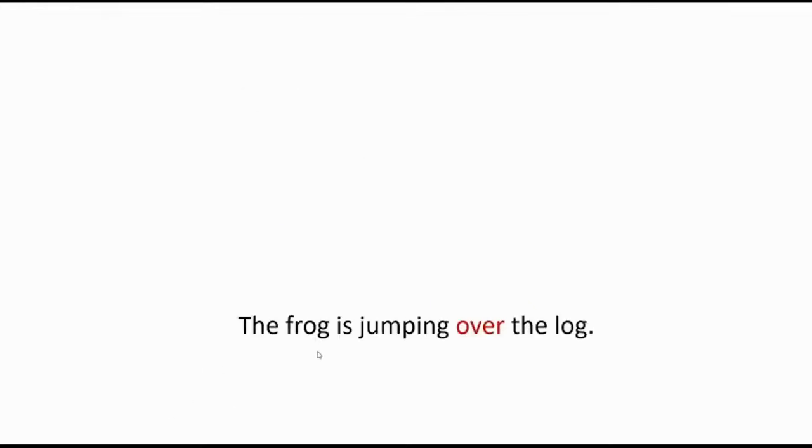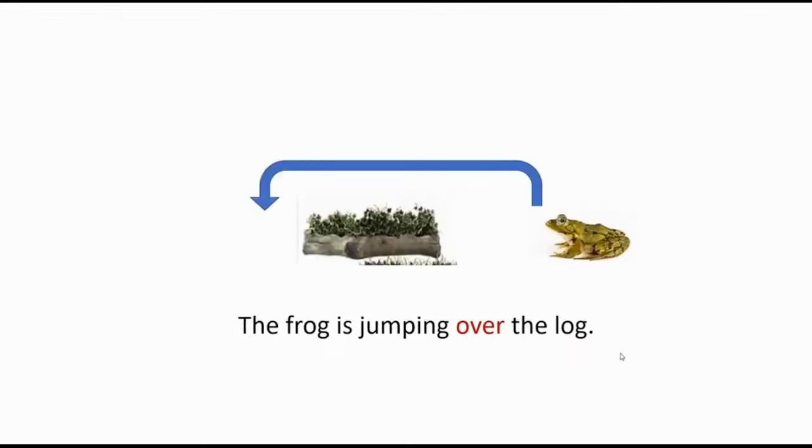This time, the frog is jumping over the log. This means that the frog is jumping above and across the log, but not touching the log. It starts and it goes up and over the log, or up and across the log, and it lands here.